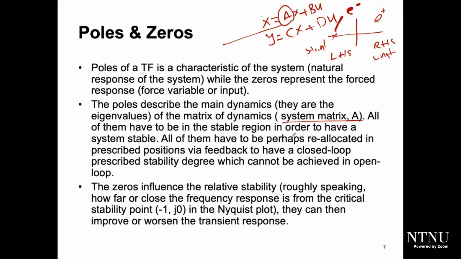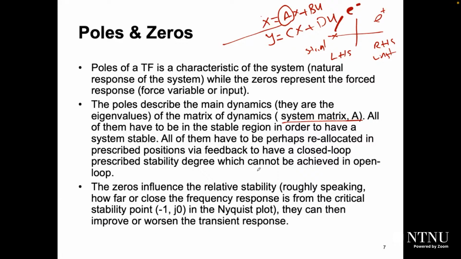In order to have a stable system, all of them have to be reallocated to prescribed positions via feedback to have a closed-loop prescribed stability degree, which cannot be achieved in open loop. If your system is unstable, or maybe it's stable, but you cannot achieve the desired performance which you want, in this case we can consider something called pole reallocation.